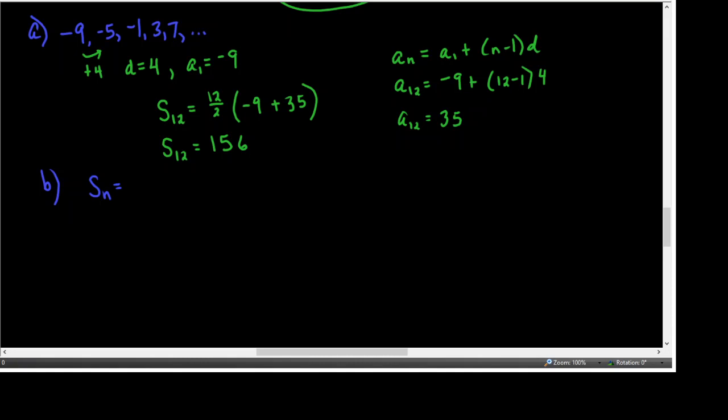For the sum of the first 60 positive integers, well, that's going to be 60, which is n, divided by 2. Oh, and I forgot to erase something here. Hold on. This is going to be S sub 60 specifically.